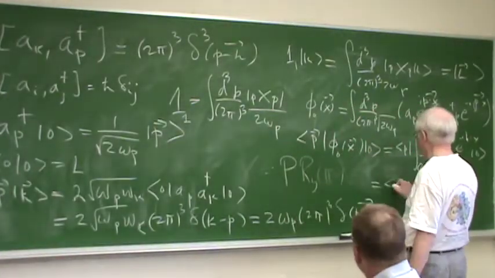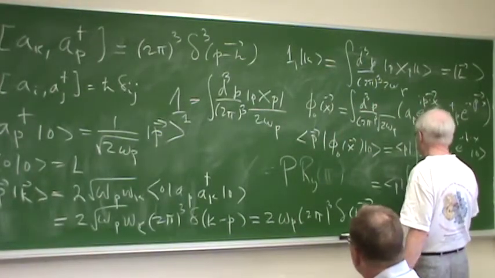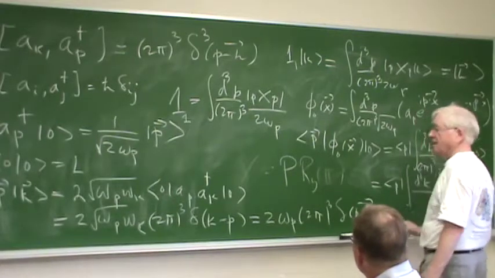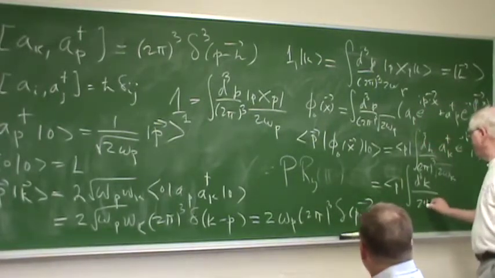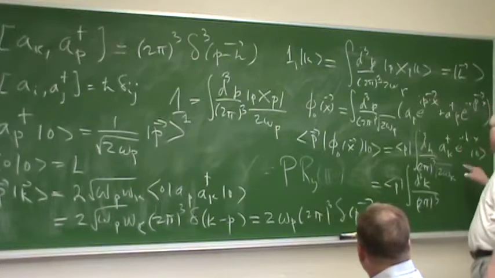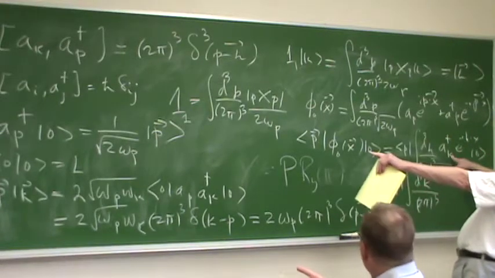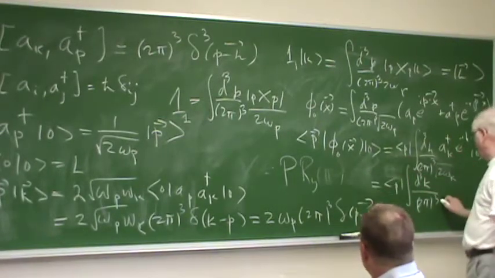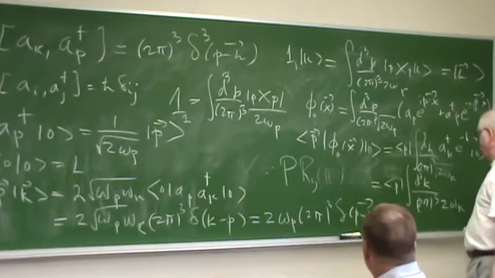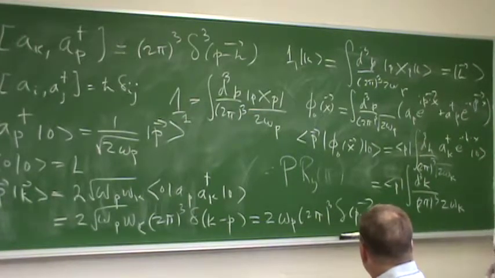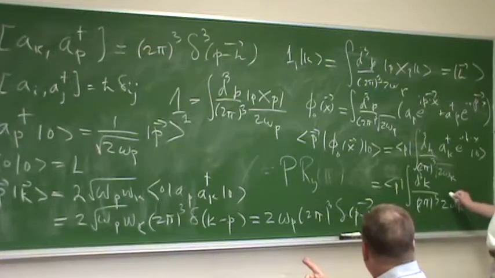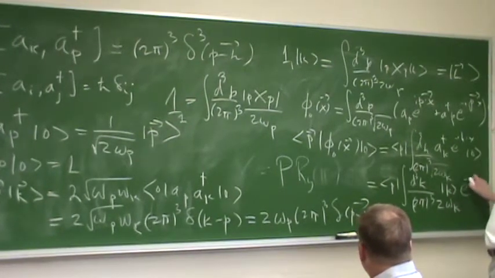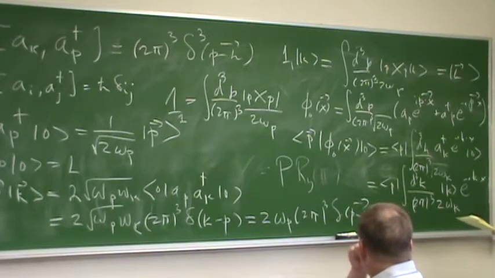And so this is <p| integral d^3k over now (2π)^3. But this one again divides by 2 omegas. So now we have altogether two of these 2 omegas. And this is then the inner product of p with k, e to the minus i k dot x.